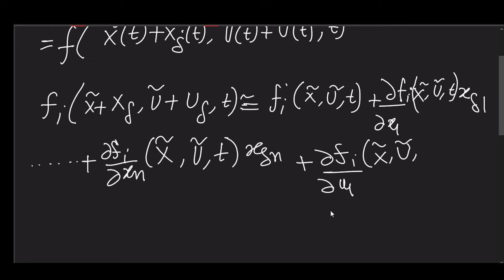I'm using capital letters to represent vectors and small letters to represent scalars. Do remember these are vectors. Why are these vectors? Because you do not know whether your fi depends only on x1, or on a combination of x like x1, x2, xn, um. So you should be very careful writing capitals here, which indicate the vector.